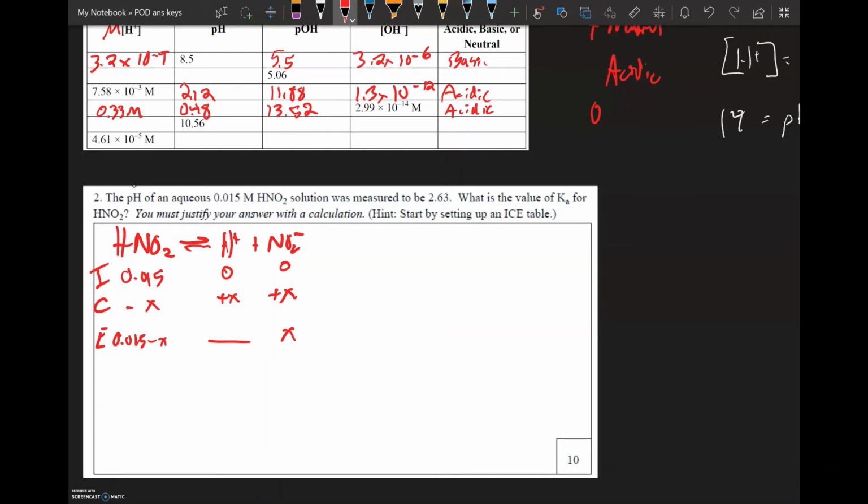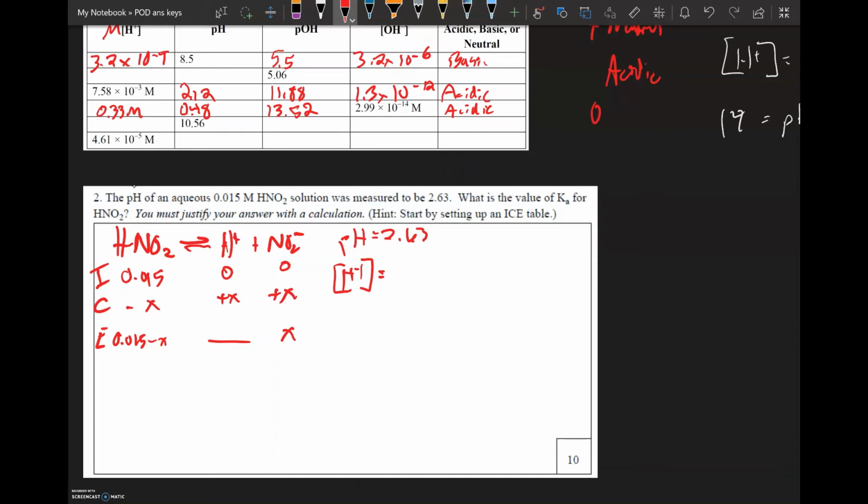All right, we're given the pH of 2.63. Now, what we can do from this is find the hydrogen concentration, and this is the hydrogen concentration at equilibrium. So that's what makes this a little bit of an easier problem, because it gives you the information that you need.